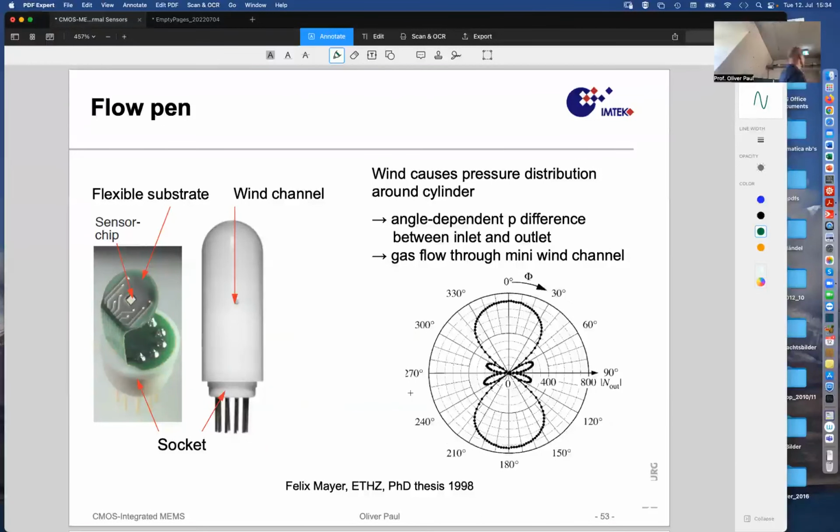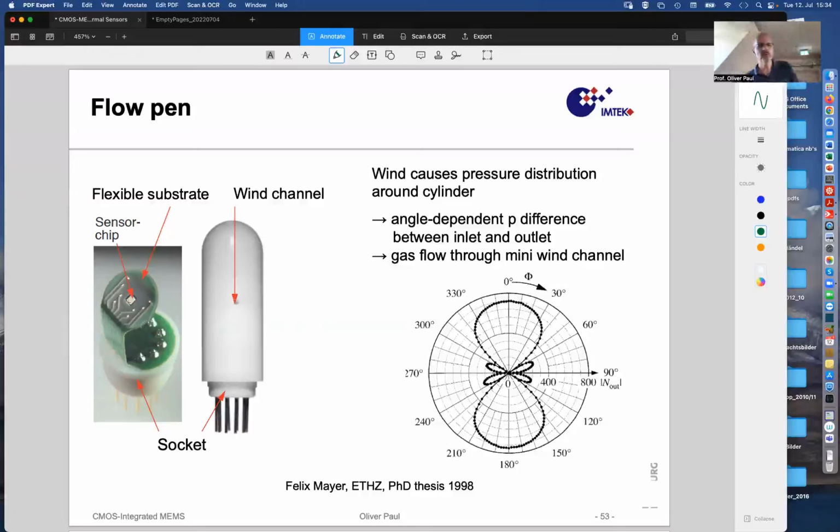And so he said, okay, let me build my sensor into a little flexible PCB. That was also very new at that time. Nowadays, flexible PCBs are all over the place, but then it was really sensational. He mounted his sensor on this PCB and on a standard socket, and the socket was covered by this machined PMMA structure with a hole, structured in such a way that the sensor is right flush with the hole.